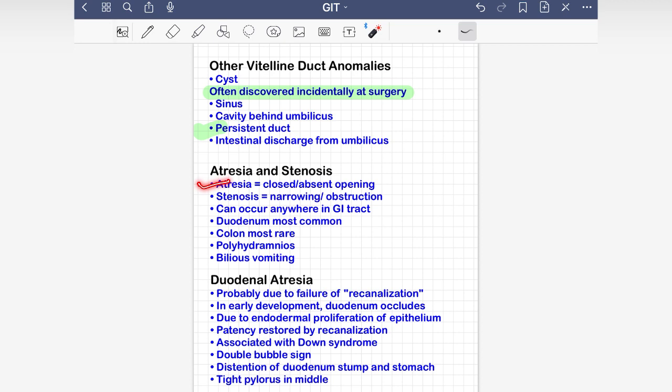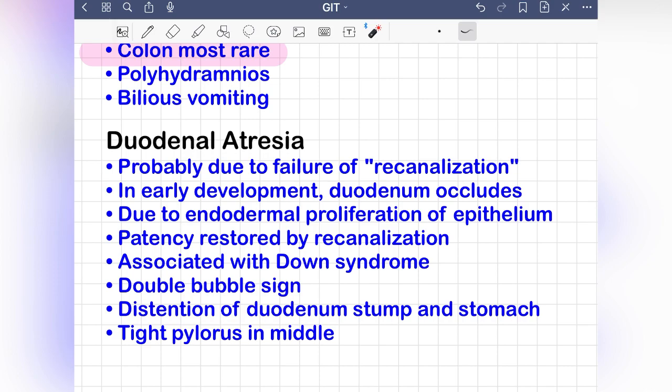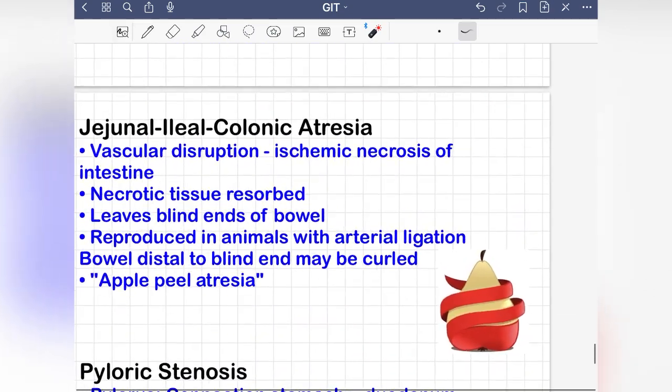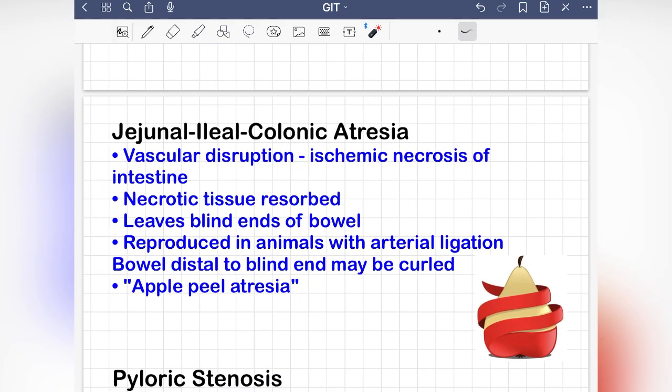When it occurs in these locations, the mechanism is believed to be vascular disruption, that is, ischemic necrosis of intestines.